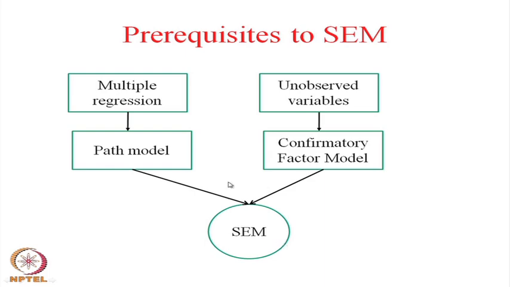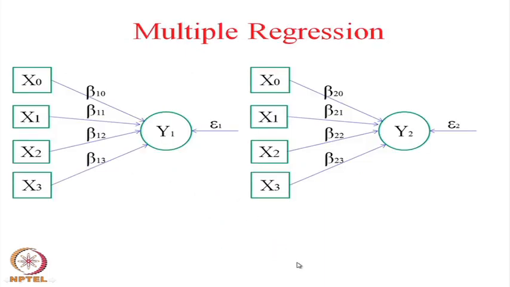Let me recapitulate a little bit of the prerequisites. I know that all of you have seen this type of pictorial representation for multiple regression, where y1 is affected by several variables, as well as y2 is also affected by the same sets of variables x1 to x3.